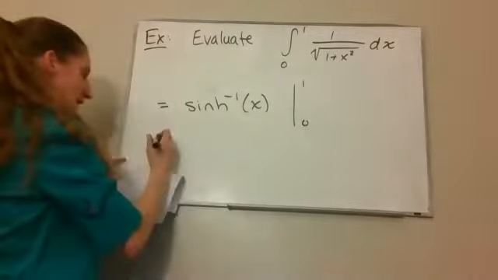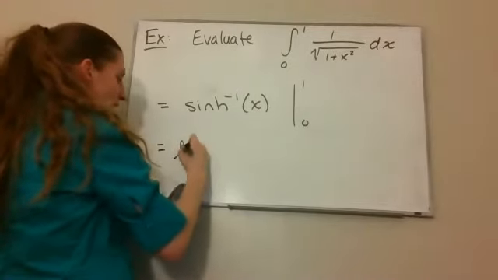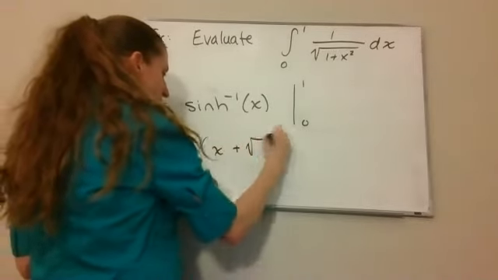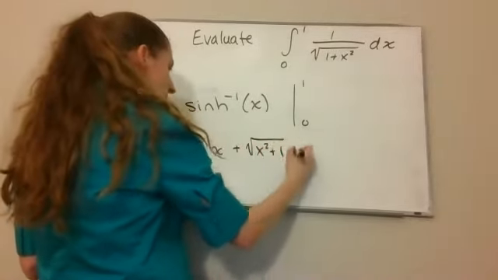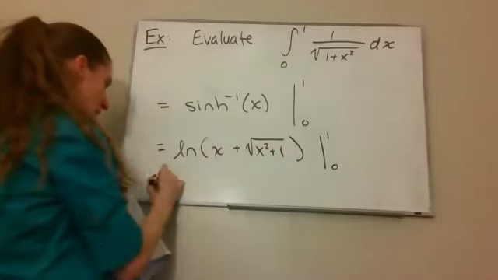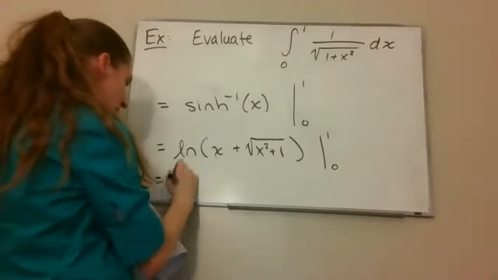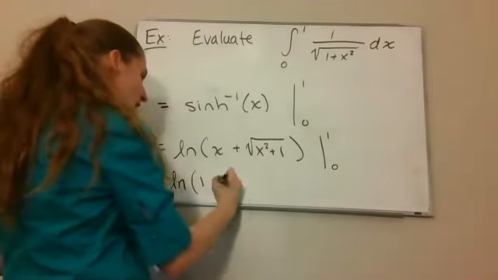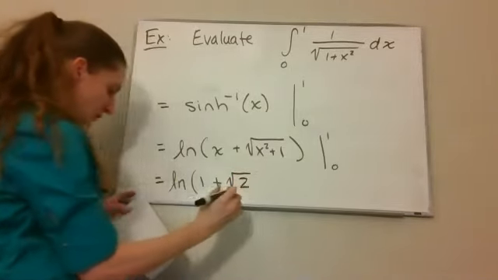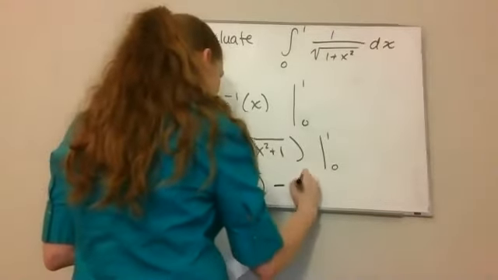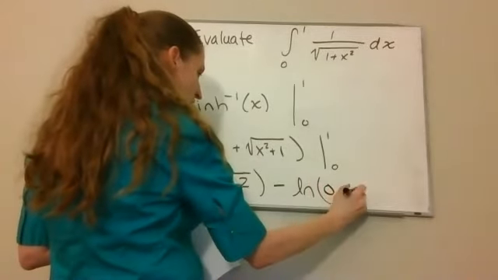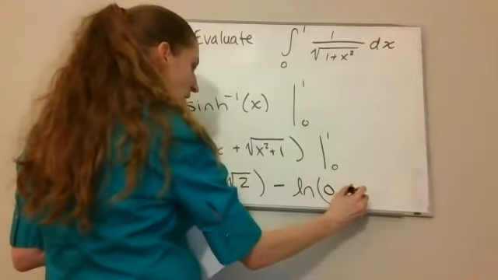Because the hyperbolic sine inverse, we defined what that was. It was natural log of x plus square root of x squared plus 1. And we need to evaluate that at 1 and at 0. When I plug in the 1, I'm going to get the natural log of 1 plus the square root of 1 squared plus 1, so square root of 2, minus natural log of 0 plus the square root of 0 squared plus 1.